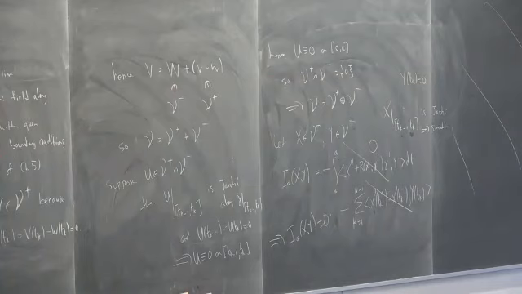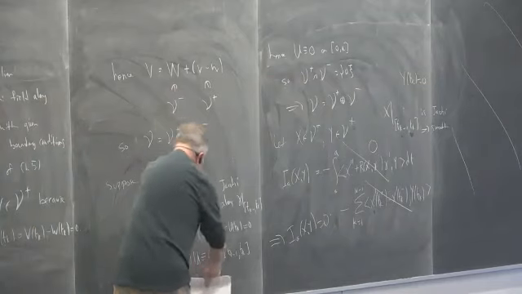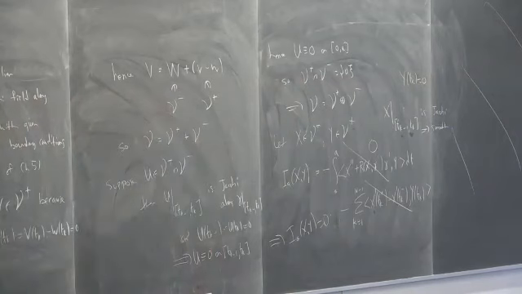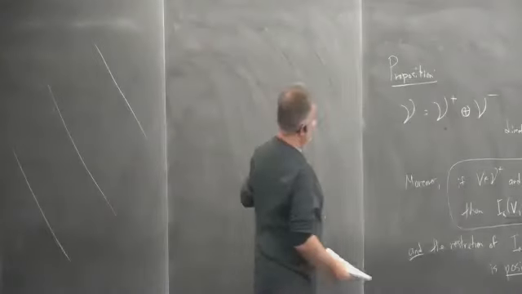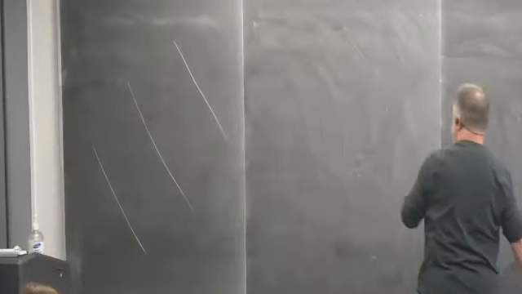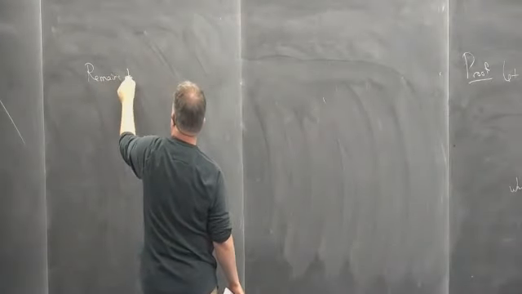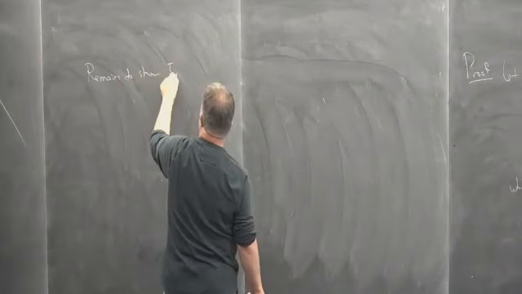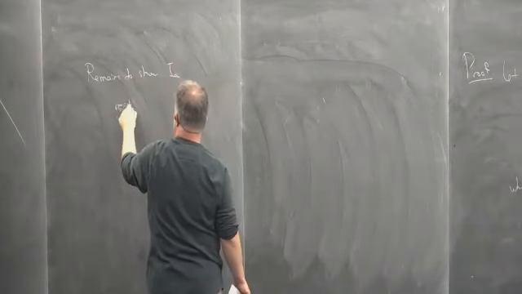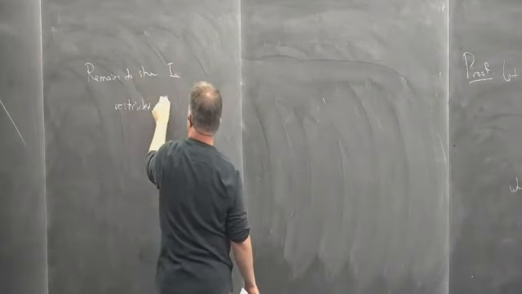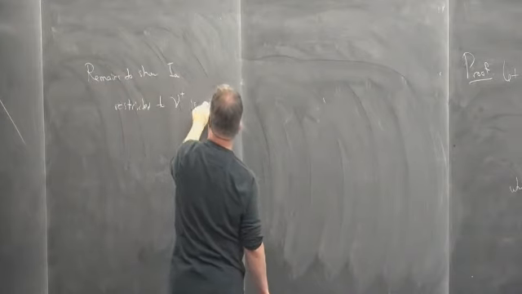And the last thing that we have to show is that if we restrict it to V plus, we get something positive definite. So it remains to show that I_A restricted to V plus is positive definite.